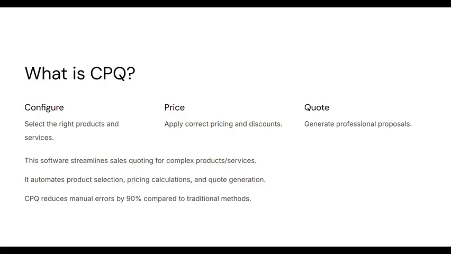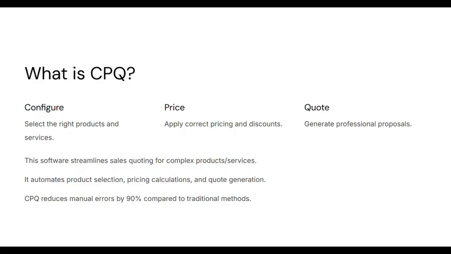But here's the catch: to configure the right combination of products, the sales rep often needs technical knowledge, like knowing which cable goes with which router or which server setup works best for a certain type of business. That means either the sales rep must have a strong technical background or the company has to depend on a technical expert every time a quote is needed.